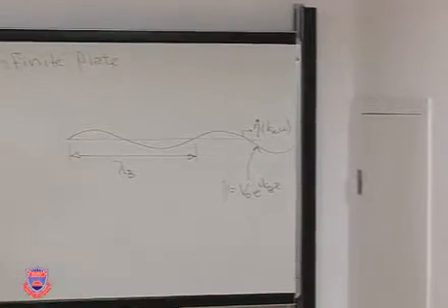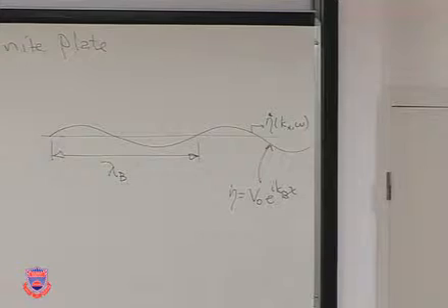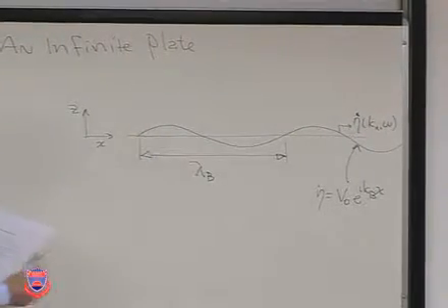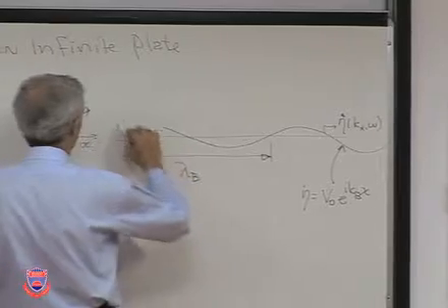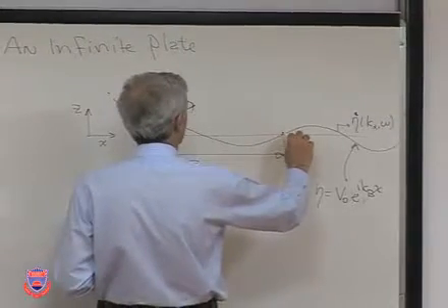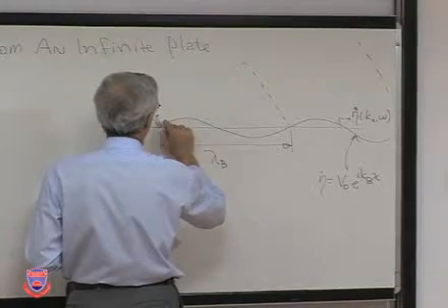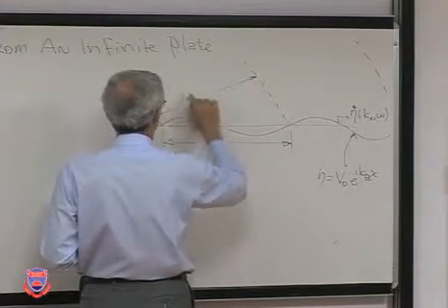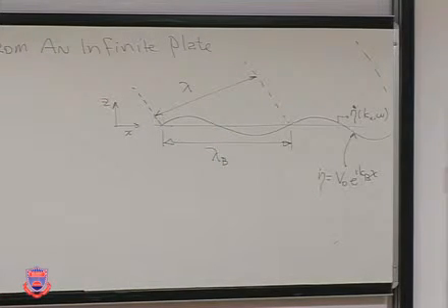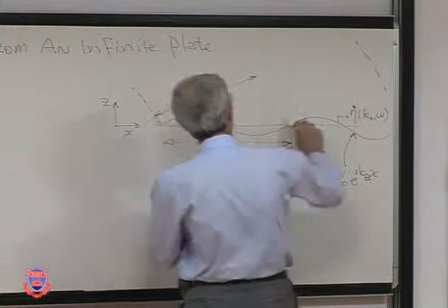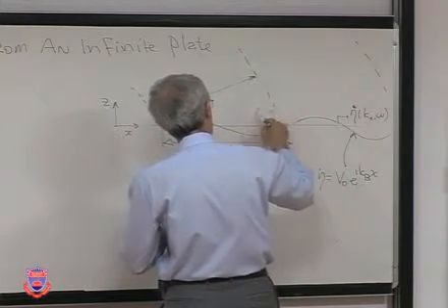This is the bending wave number. Z is into the fluid medium, and what we have here is the sound pressure that's radiated from the plate, and lambda being the, let me make clear, this is not normal, but theta.